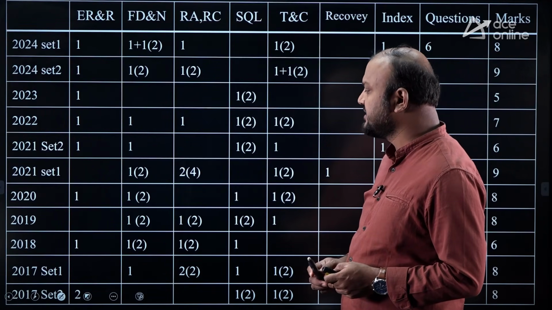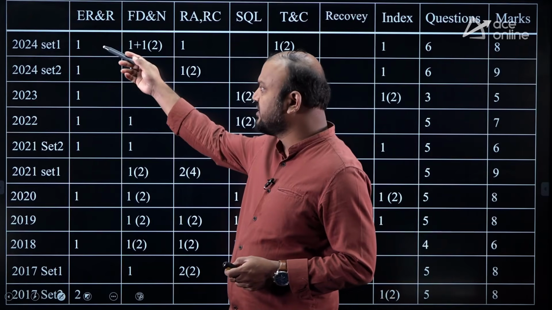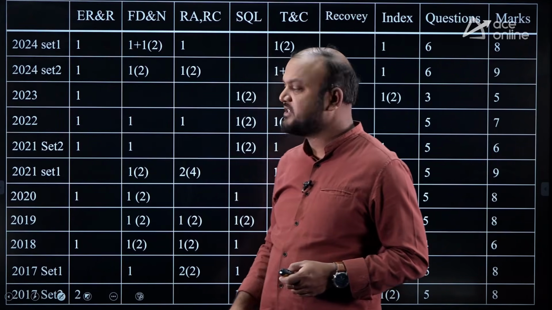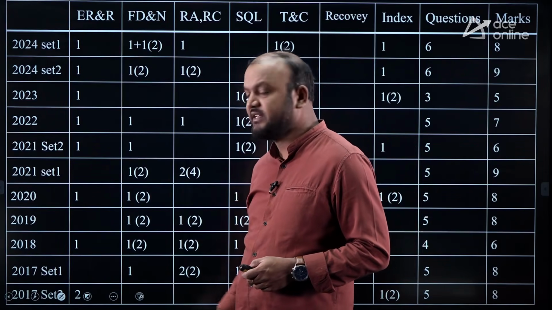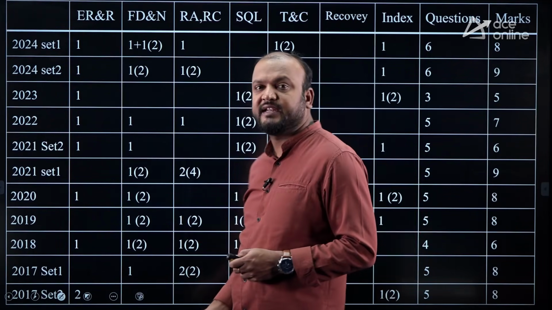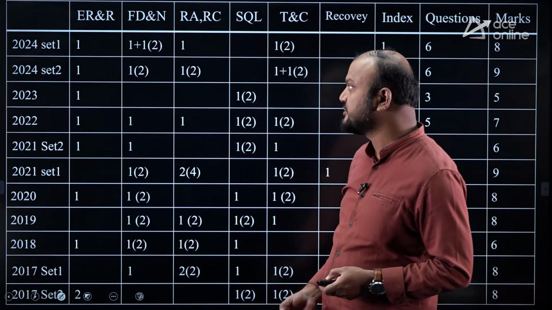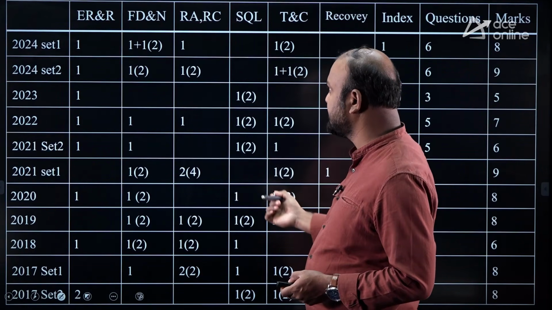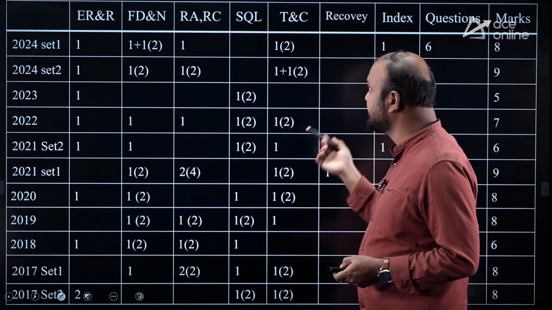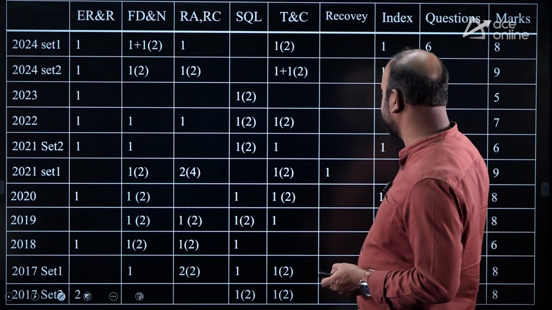You can look at most of the times we got 1 mark questions in ER and relational models, and most of the times it is theory questions. Before 2017 you got 2 marks questions also, and FD and normalization questions, and RA and RC, relational algebra and calculus, SQL, transactions and concurrency.